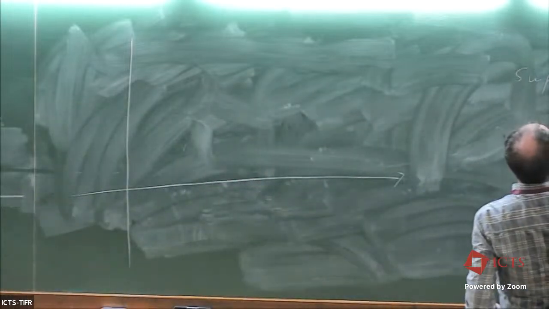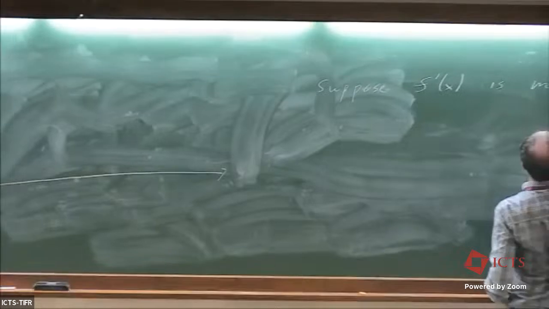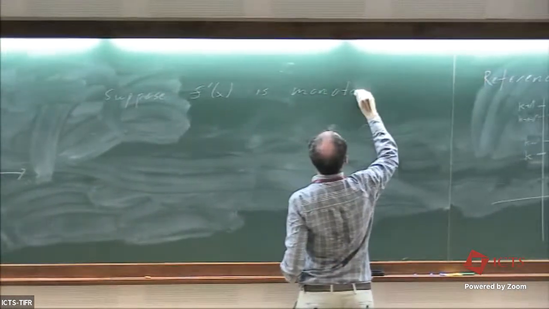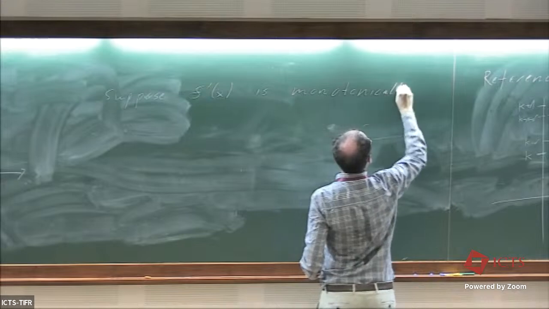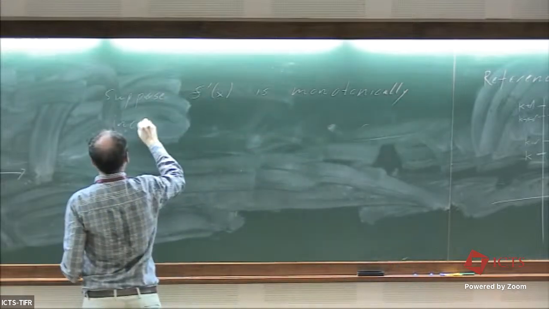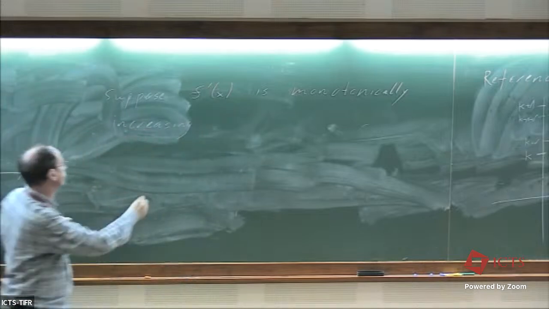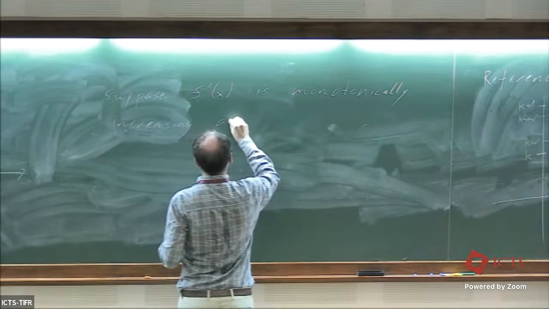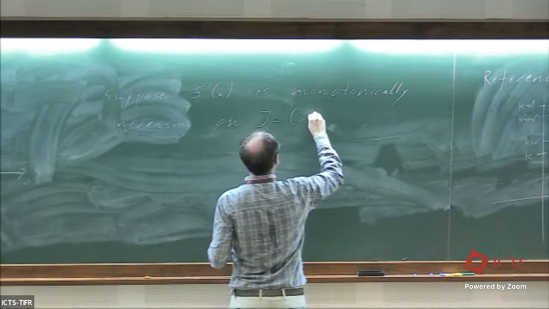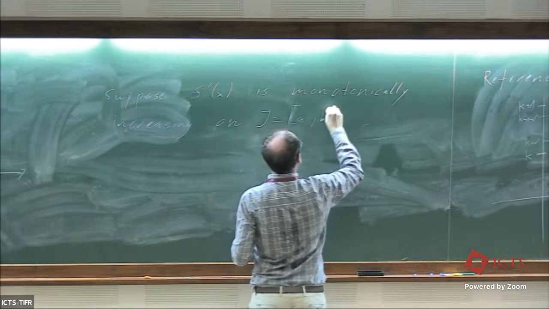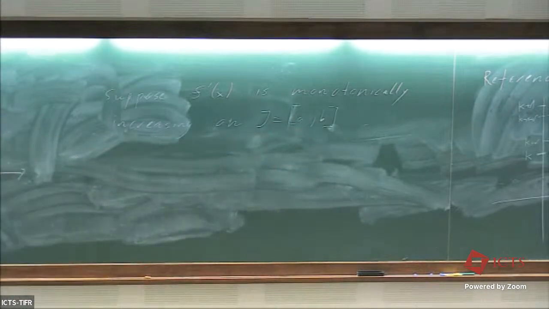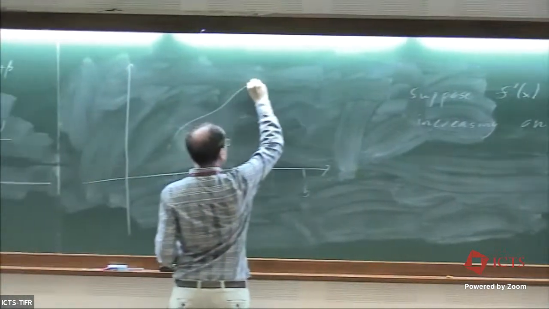Suppose f prime x is monotonically increasing. Decreasing will work the same way. On the interval A, B, now this function increases.